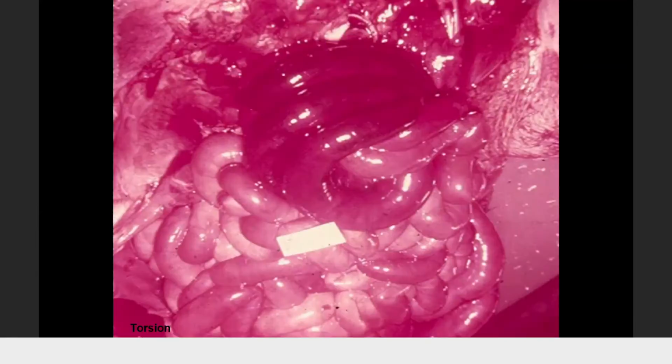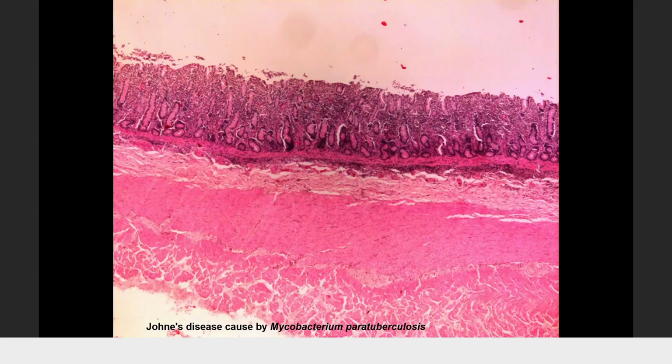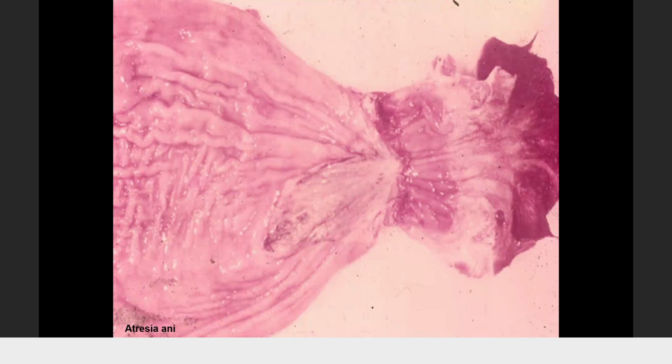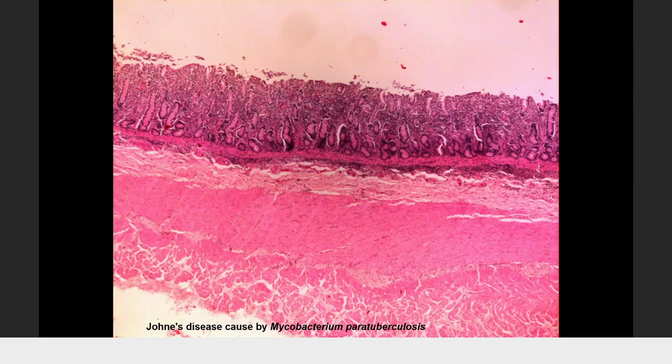Okay, this is the first case just now. Remember the first case? During the lectures, I didn't have the full photo for this. This is a histological slide for number 1, which is the small intestine of an adult Brahman cow with a history of chronic diarrhea and emaciation.